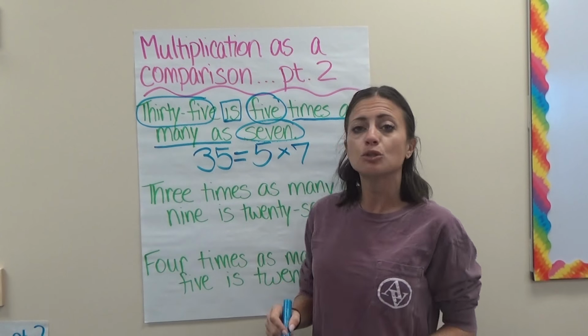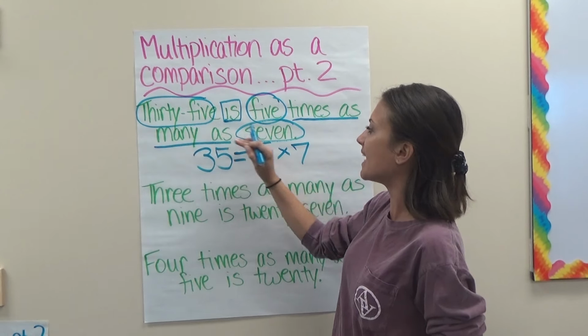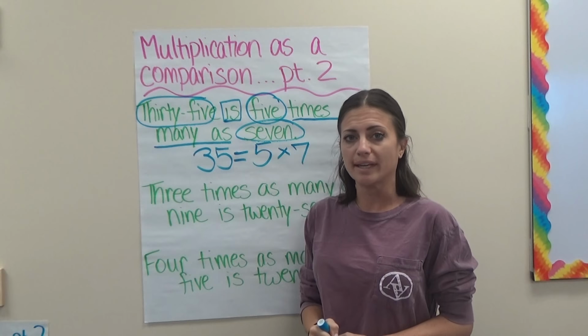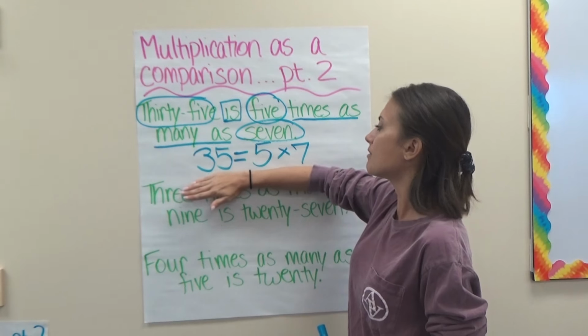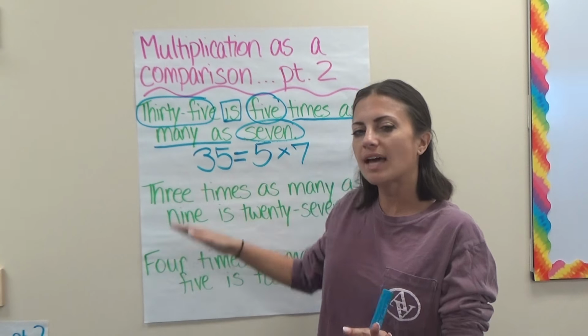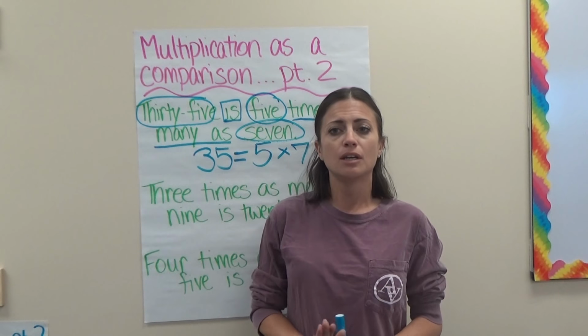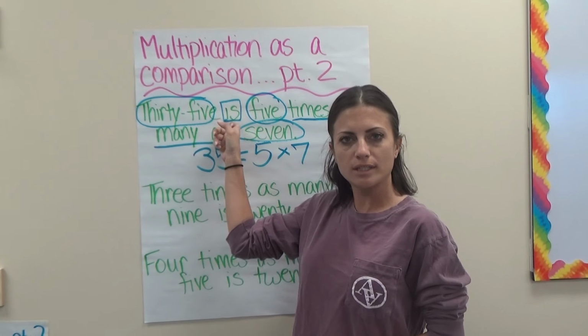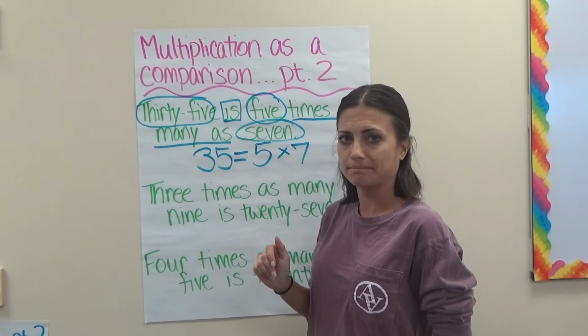So if I'm asked to turn 35 is 5 times as many as 7 into an equation, that is going to look like 35 equals 5 times 7. Now if that doesn't make sense or is a little fuzzy, I encourage you to pause, rewind, and watch this part one more time before I explain this one, just to make sure it is solid in your brain.